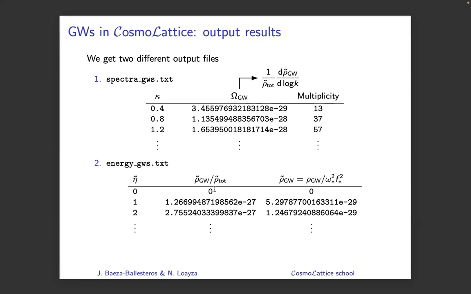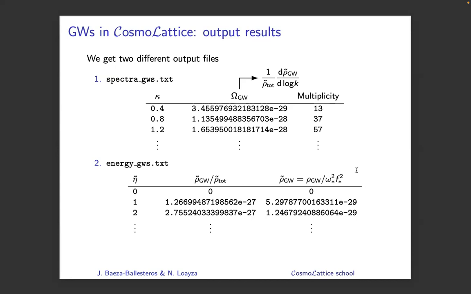The one is the normalized gravitational wave energy density per total energy density of the matter field, and the other is just the gravitational wave energy density as measured in these units. But the one that we are going to care most about is the one normalized by critical energy density.